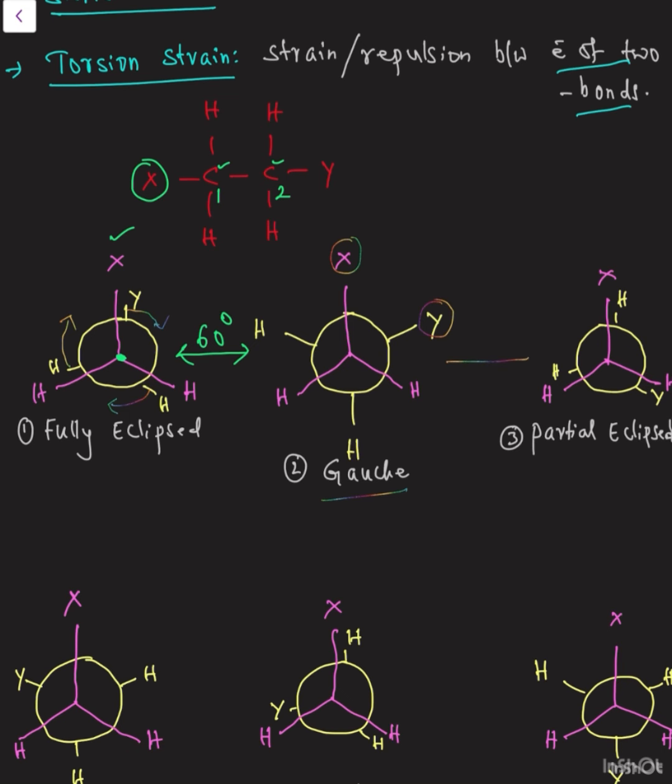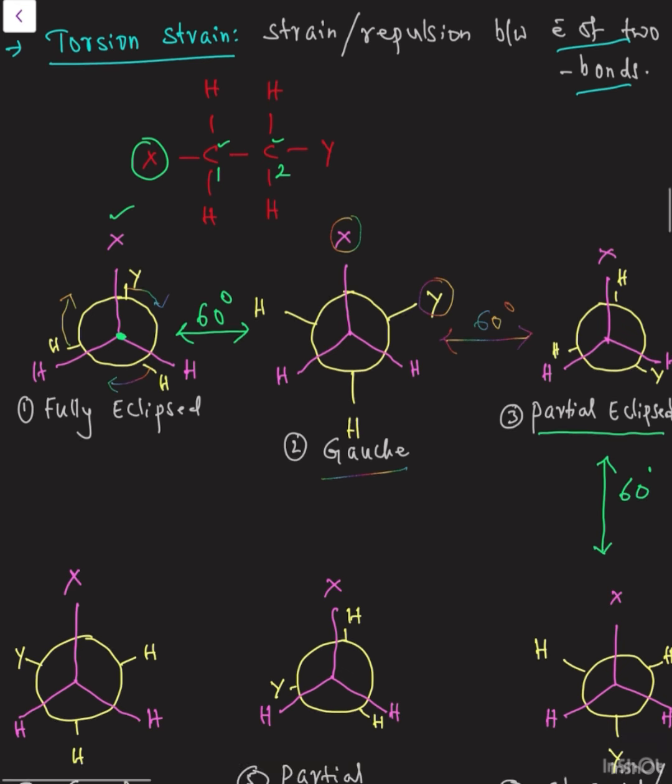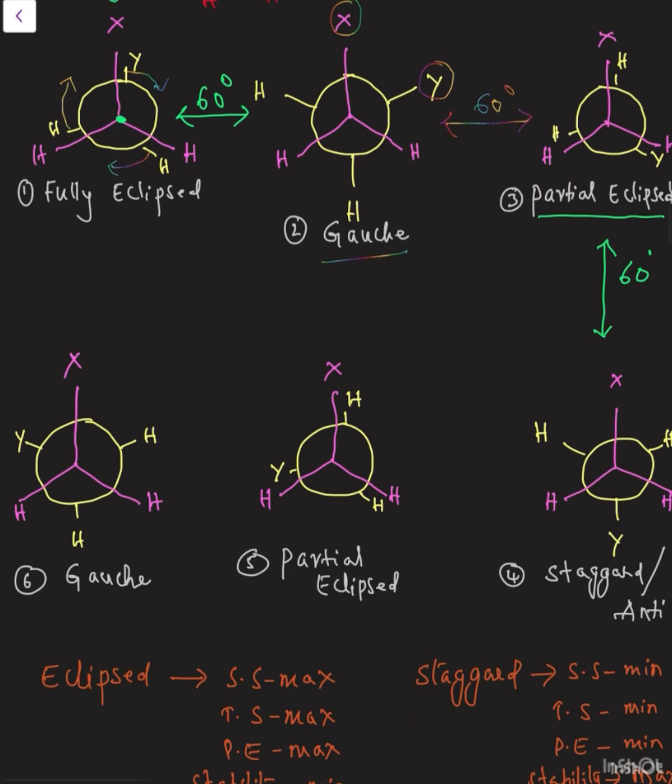Like this, an infinite number of conformers are possible, I said, right? So again if you rotate by 60 degrees, you are getting partially eclipsed. Is it clear? So the third one is partially eclipsed. Again by rotating 60 degrees, partially eclipsed can be converted to the staggered or anti form of the conformer.